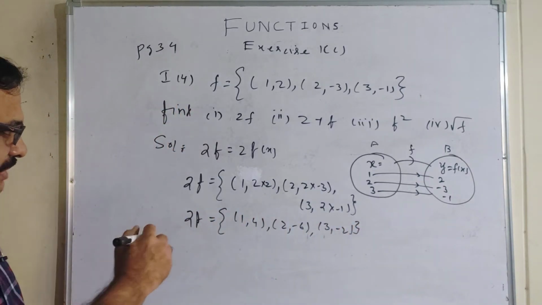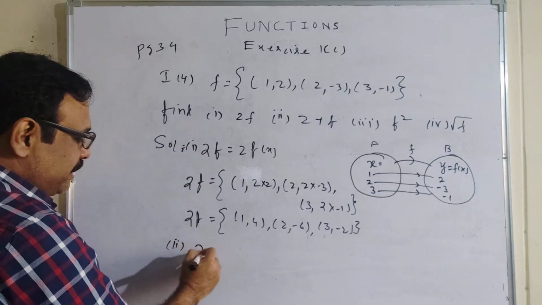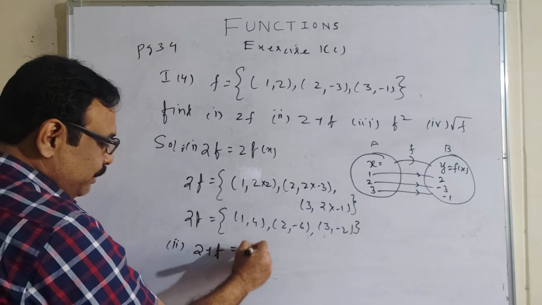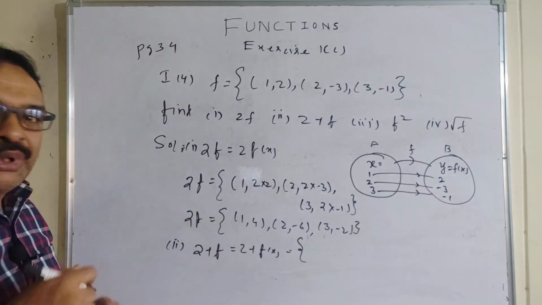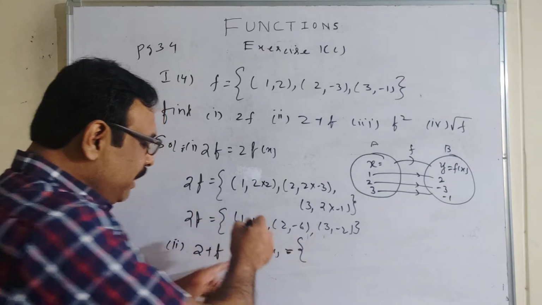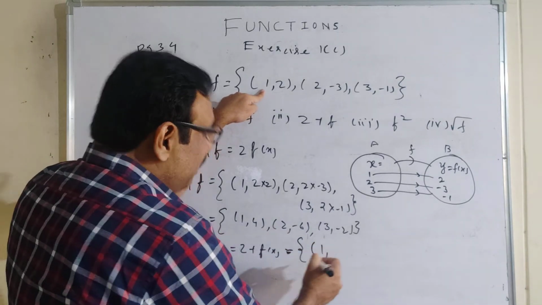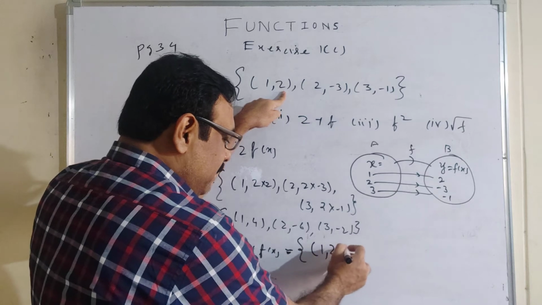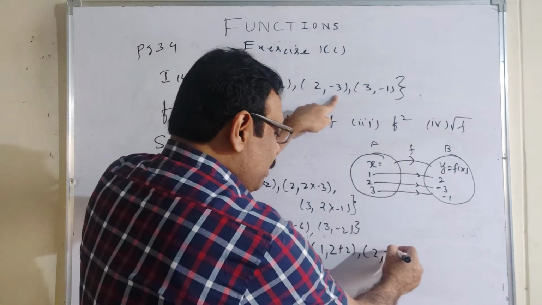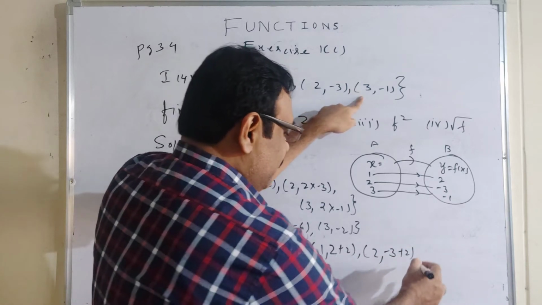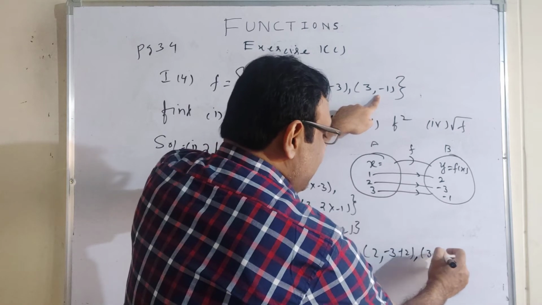The second one is, this is the first bit done. I am trying to execute the second bit. This is 2 plus f, meaning 2 plus f of x. That means in the set, codomain elements should be added with 2. For example, I am taking this 1, this is the codomain element, this should be added with 2. The domain element is the same, the codomain element should be added with 2, and again the domain element is the same and the codomain element should be added with 2.